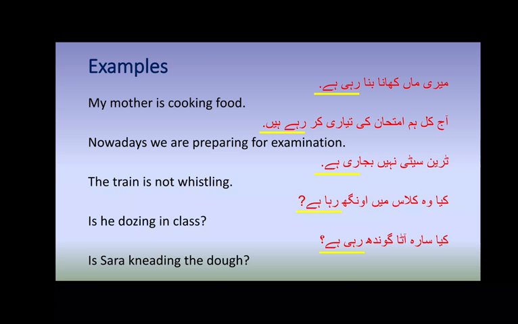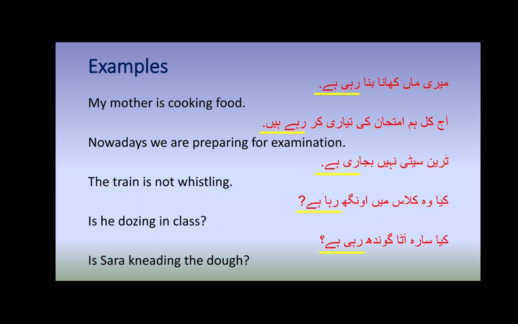This action is continuing. And है is showing that this action is happening in present. So, by guessing that, you will write the present continuous tense in the English translation of these Urdu sentences.